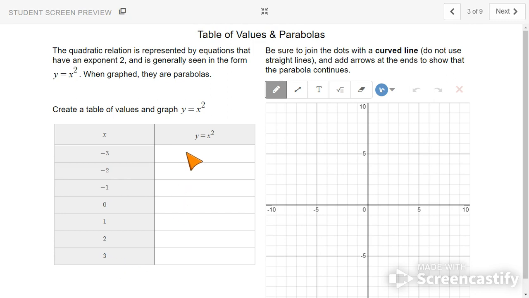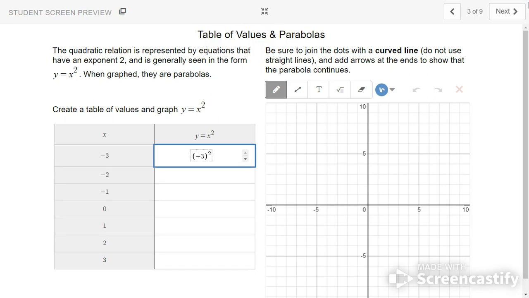We're going to create a table of values and plot it onto our graph. So the first one, I have negative 3 exponent 2. Negative 3 exponent 2 would mean negative 3 times negative 3. So that gives me positive 9.